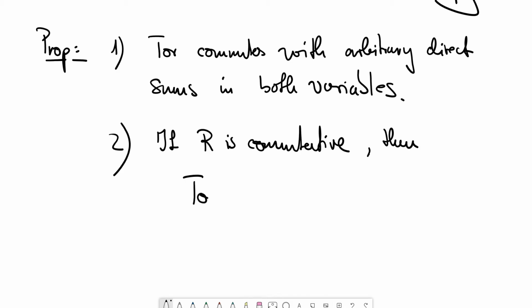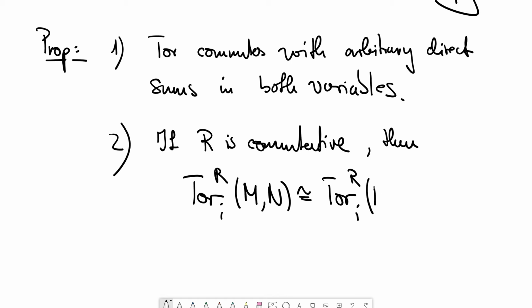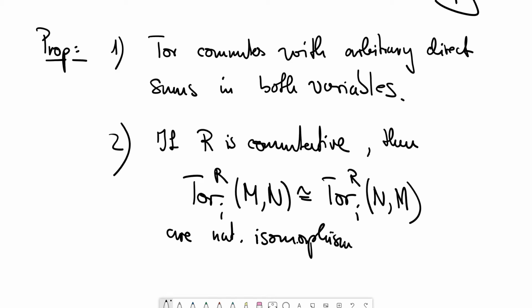Then the Tor is symmetric, isomorphism, or naturally isomorphic.